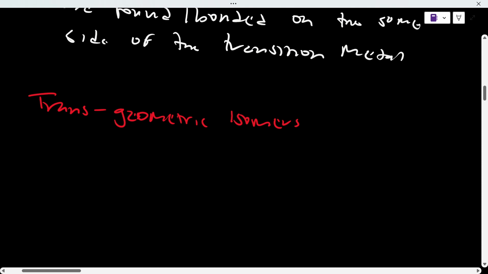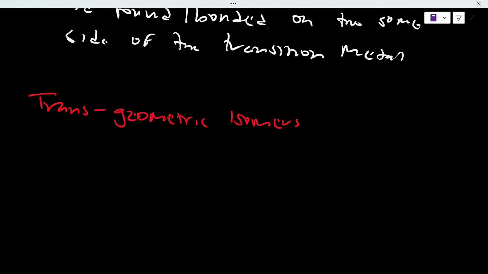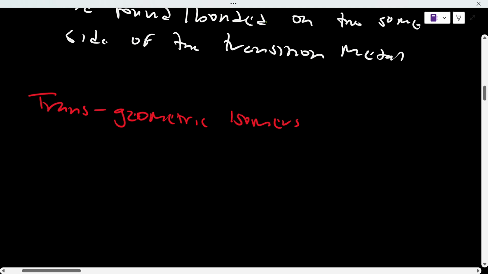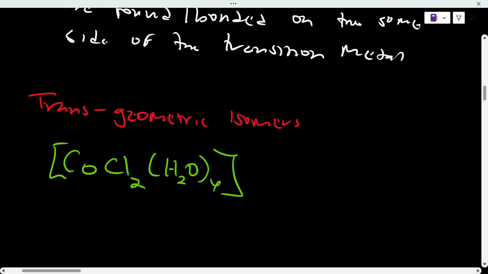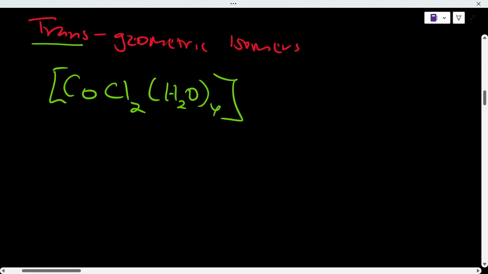The molecule in question here is the tetra aqua cobalt 2 chloride complex. I want to demonstrate the trans geometric isomerism exhibited by this molecule.